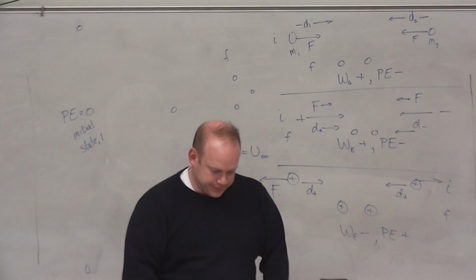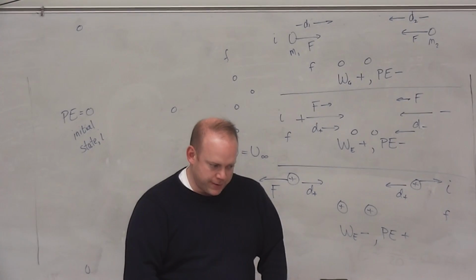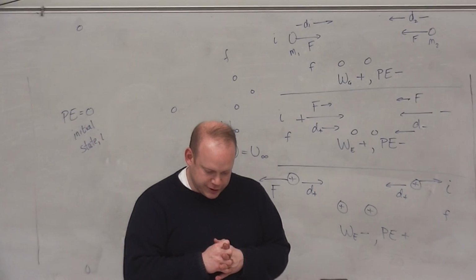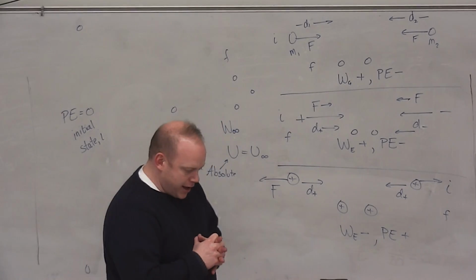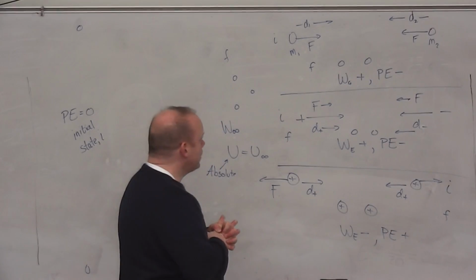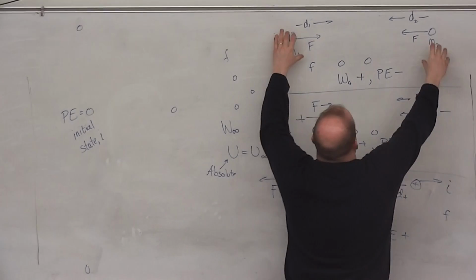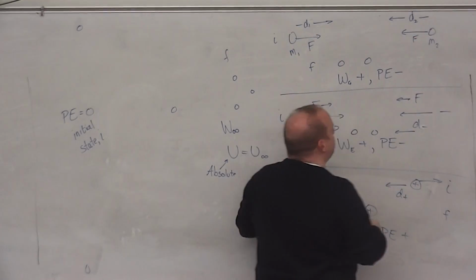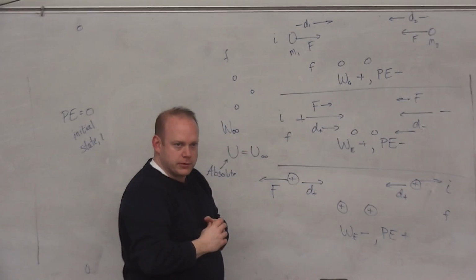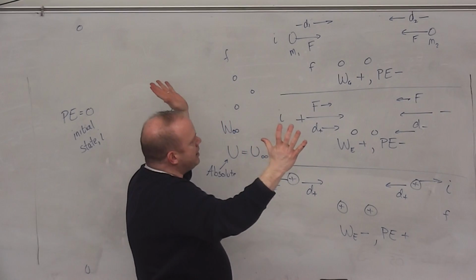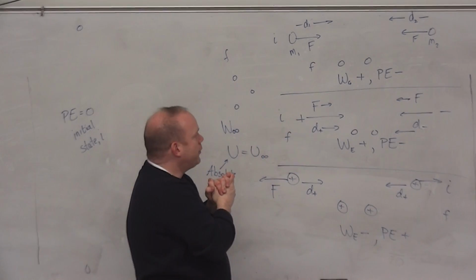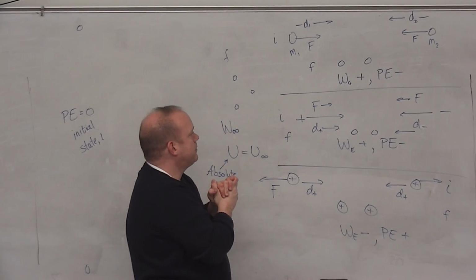Think about it this way, as far as your change in potential energy. If I took these two charges right here, and I released them from rest, they're going to smash into one another. Coming in from infinity, they're going to smash into one another with some sort of velocity v.